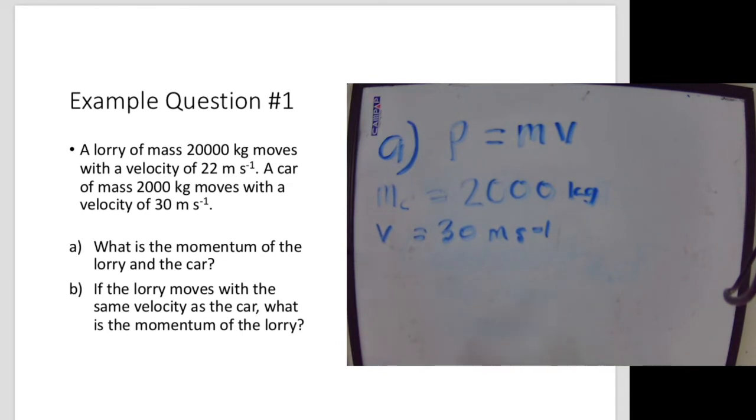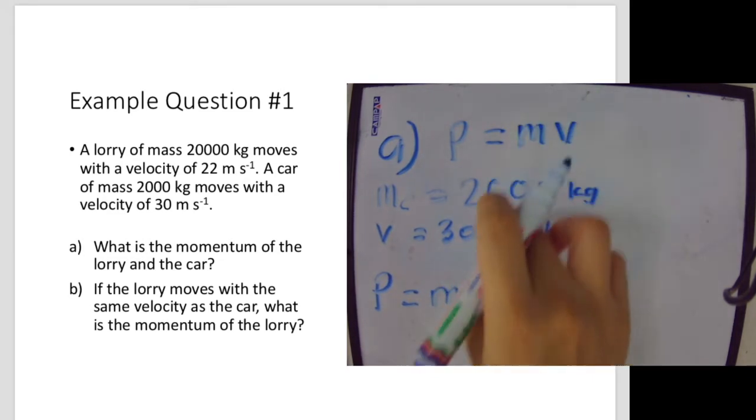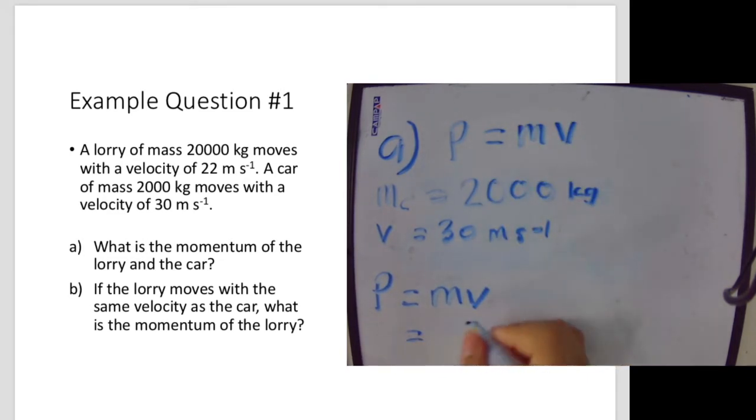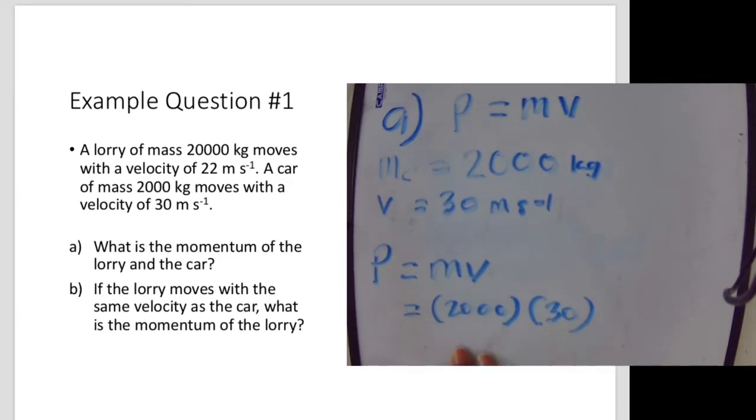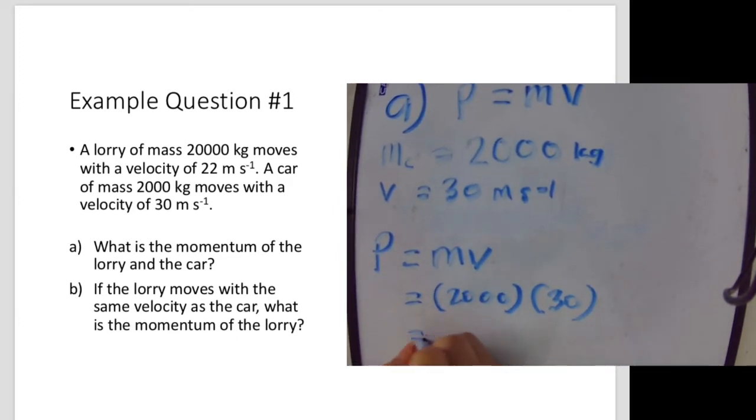So now we have the formula. So P equals mv. m is 2,000, v is 30. So you get a total of 6,000. What do you get? Yeah, 6,000?